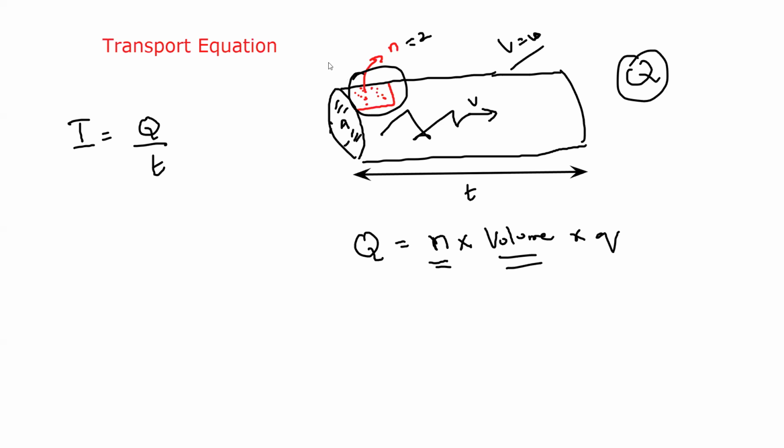Because these charges are electrons, one electron carries a charge of 1.6 times 10 to the power minus 19 coulombs. That is a fixed value. If I multiply the total number by the charge of one electron, I will get the total charge. Is it clear till this point how I got this formula? Q is NVA. Anyone having a doubt or a question till this point?